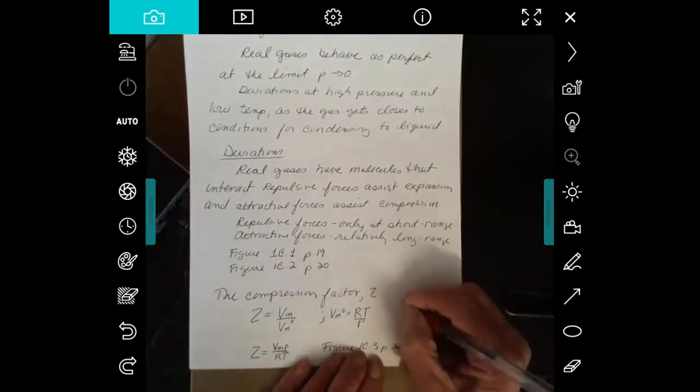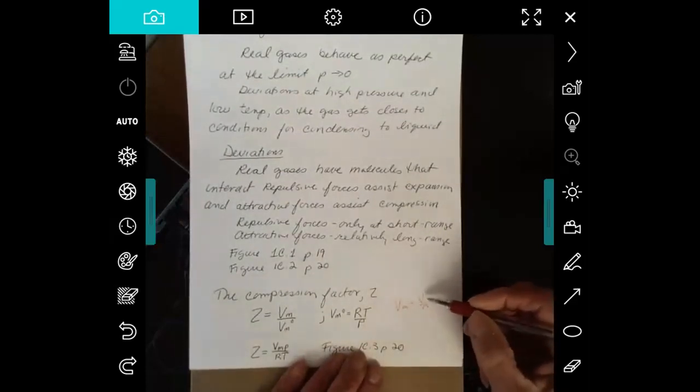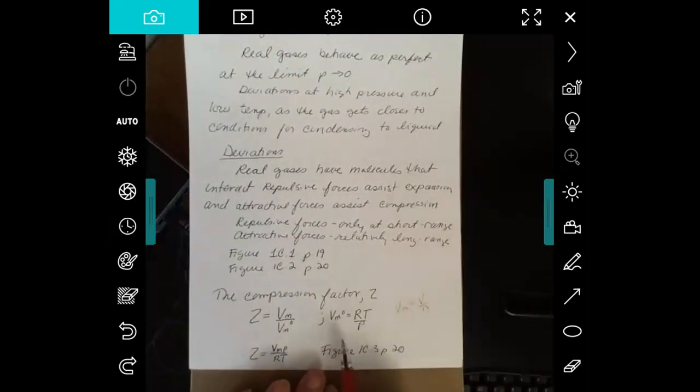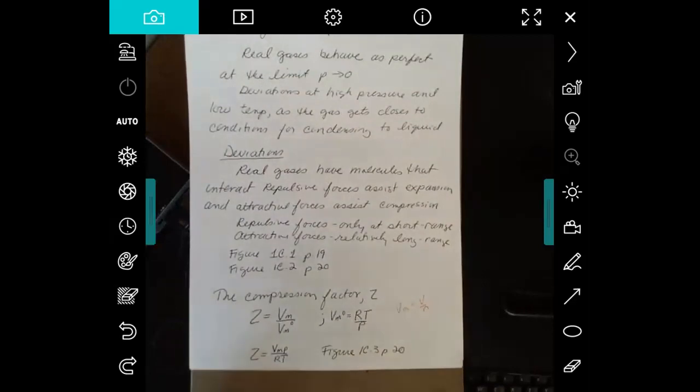Vm equals just V over n, so the volume per mole of the substance. The n is over here from PV equals nRT. So the molar volume of a perfect gas is RT over pressure. If you put that in for the molar volume of the perfect gas, the compression factor ends up being the molar volume of this gas you're talking about times the pressure divided by RT.